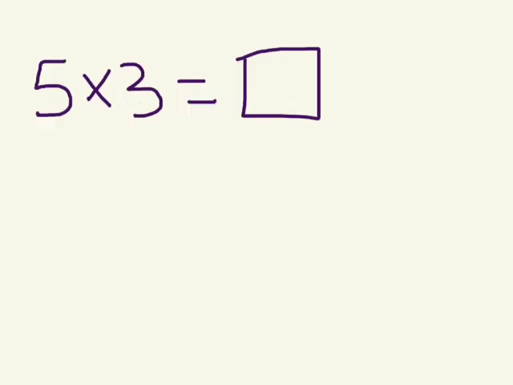This equation is 5 groups of 3. Once again, would you please stop the video, solve this one on your paper, and then let's see if you match my work.